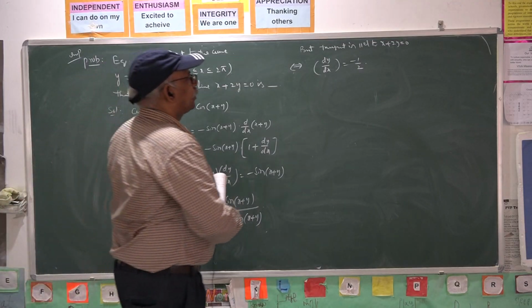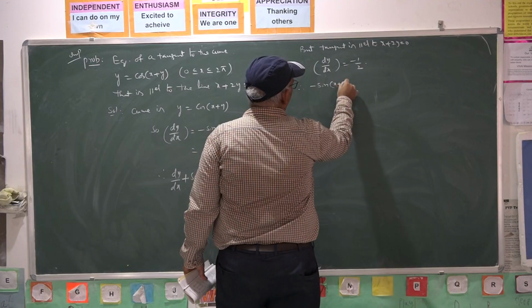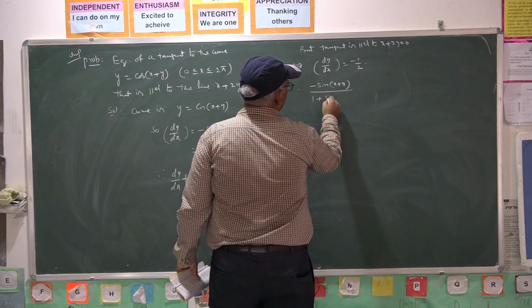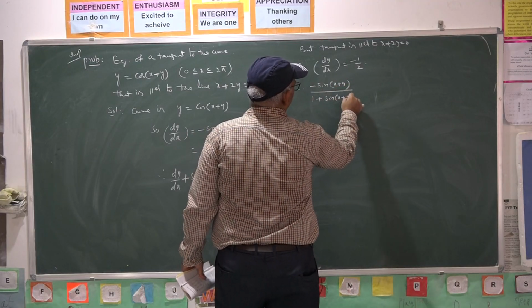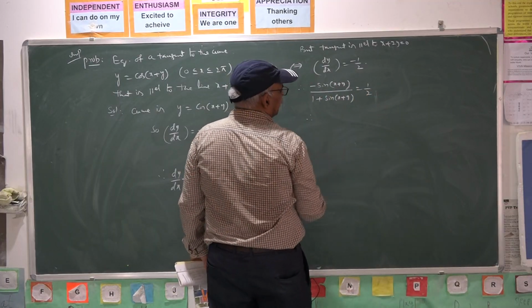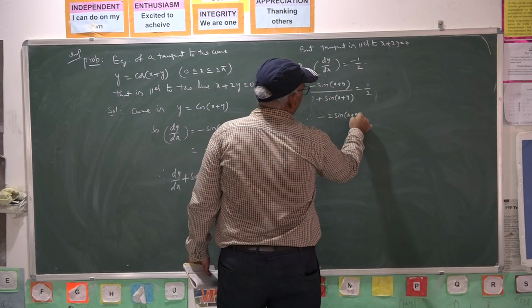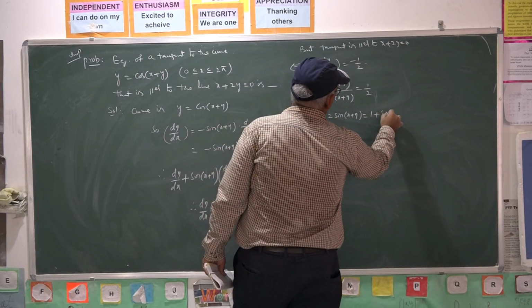So therefore, minus sine of x plus y by 1 plus sine of x plus y takes the value minus 1 by 2.